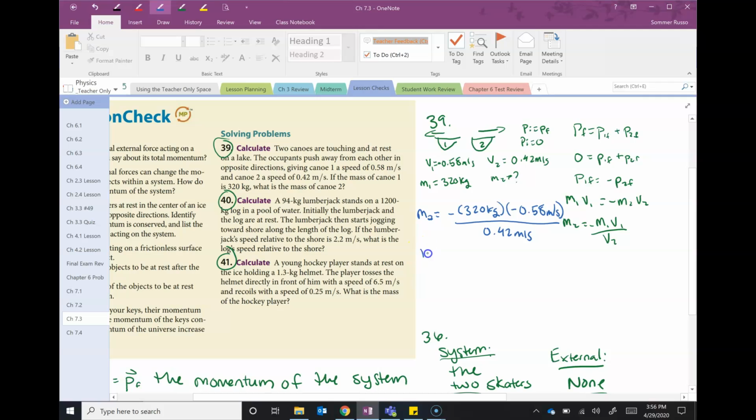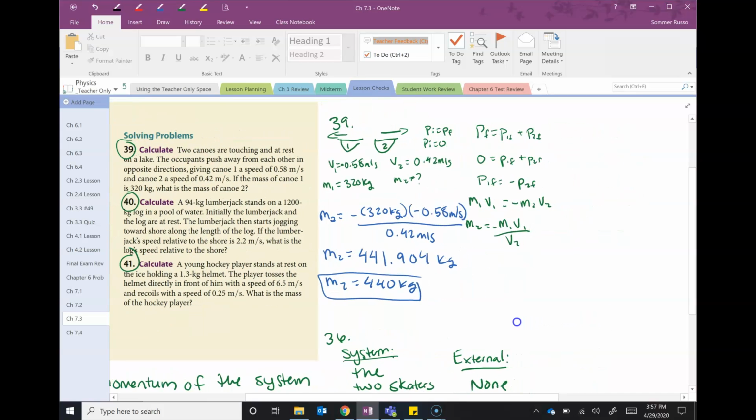These negatives cancel so that we have the positive mass we're looking for. 320 times 0.58 divided by 0.42 gives us a mass of 441.904 and so on. We only get 2 sig figs in this case, so M2 is going to be 440 kilograms. That takes care of number 39 for us.